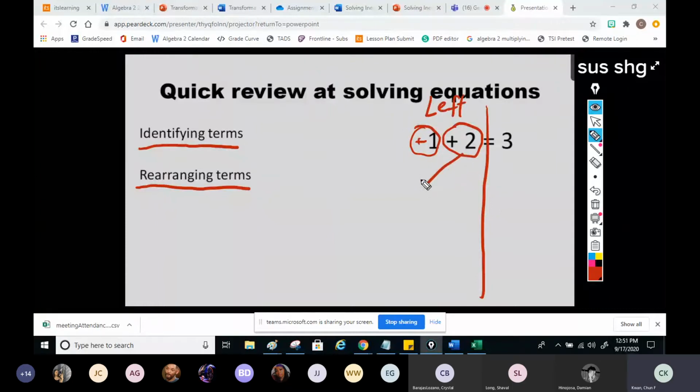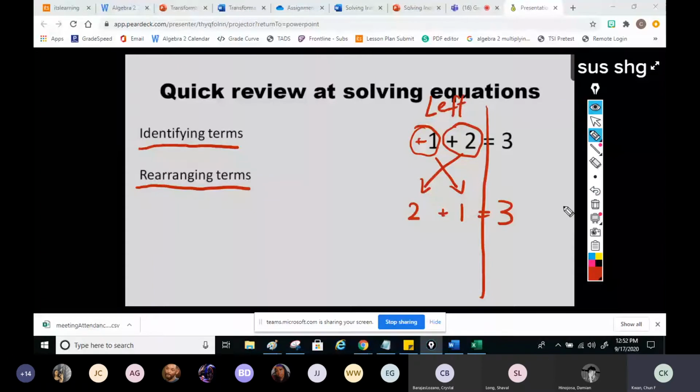So if I move the positive 2 in the front, and move the positive 1 to the back, you will end up having the exact same equation. So 1 plus 2 is the exact same thing as 2 plus 1, okay? Doesn't matter how you flip it around, if they're on the same side, you move them forward, move them backward, you're going to get the exact same thing as you got before.